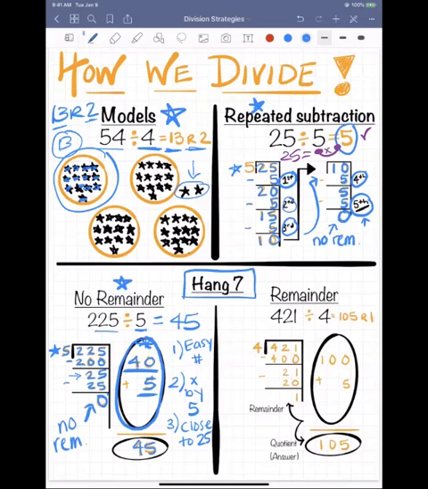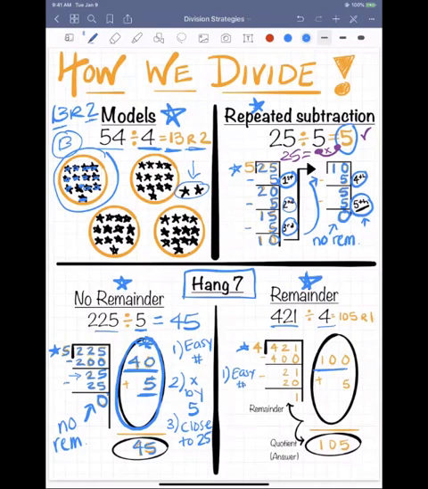Okay, so now over here on the remainder side, same exact thing and same exact steps, except we're going to figure out what happens when we have a remainder and how we know that it's a remainder. So if we have 421 divided by 4, I start by writing it out. I go next door and I ask my 3 questions.